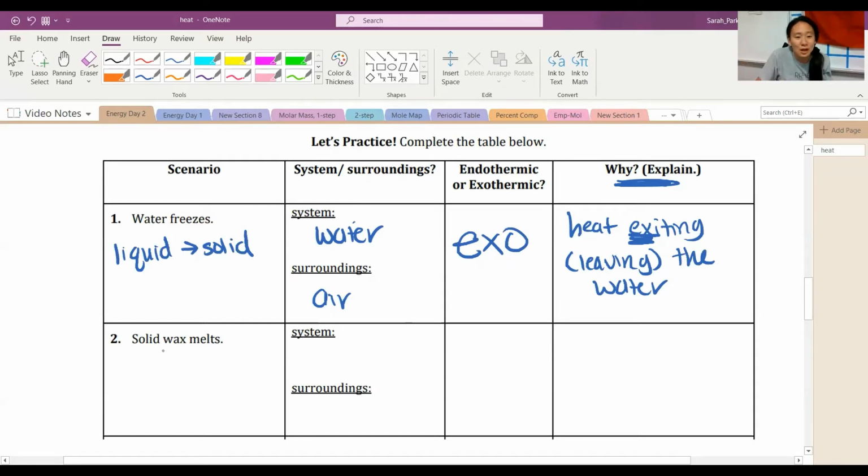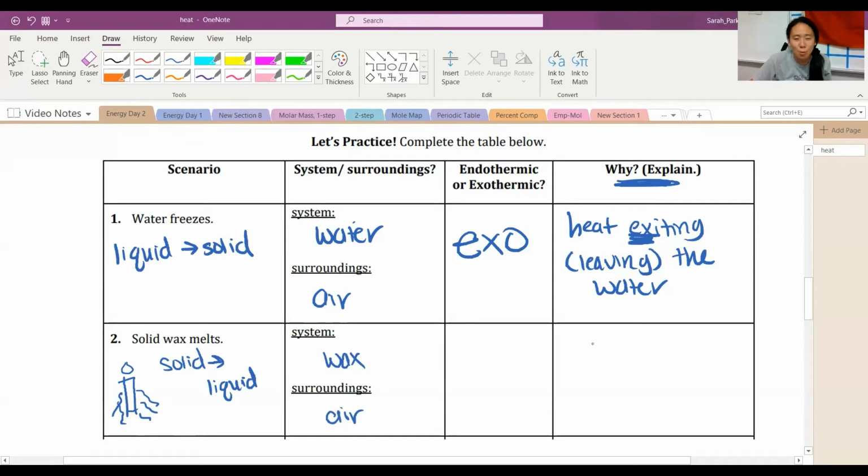So here, solid wax melts. So this is like, hey, you have a birthday candle of some kind, and then it starts melting, right? So let's think. It becomes a liquid from a solid because it's melting, right? So the wax is the system, and then the air surrounding it is the surroundings.